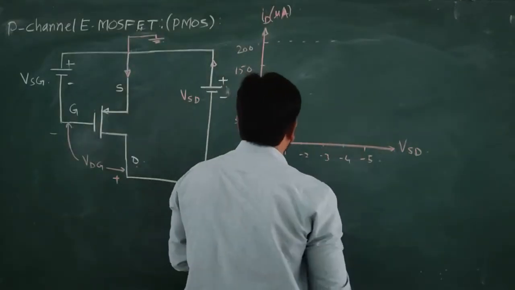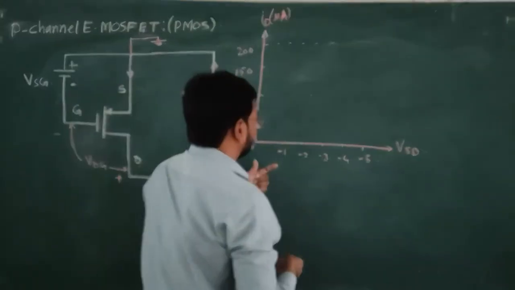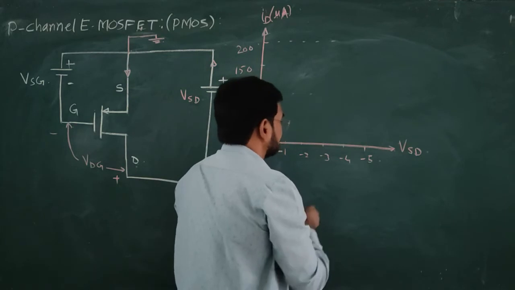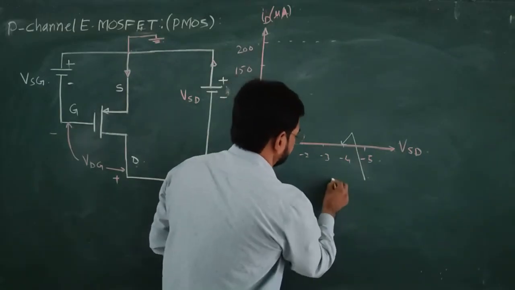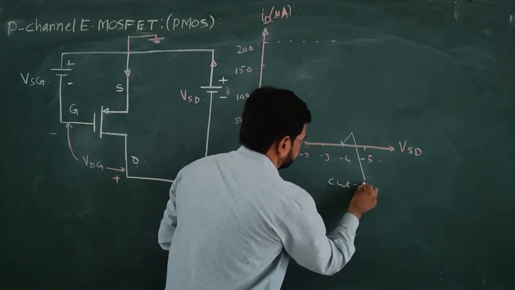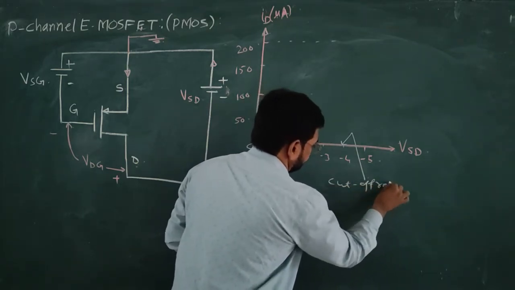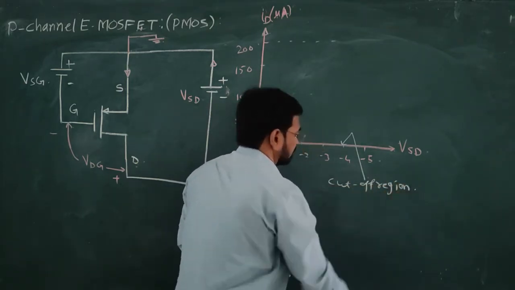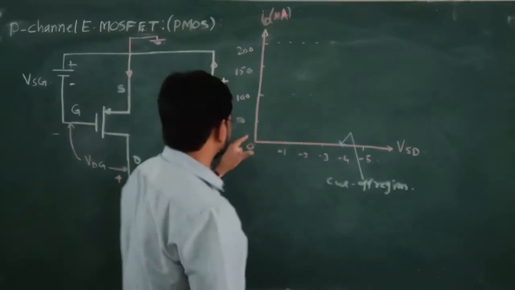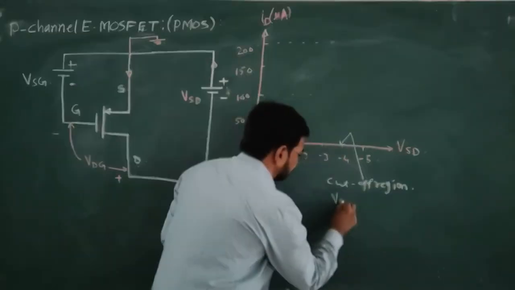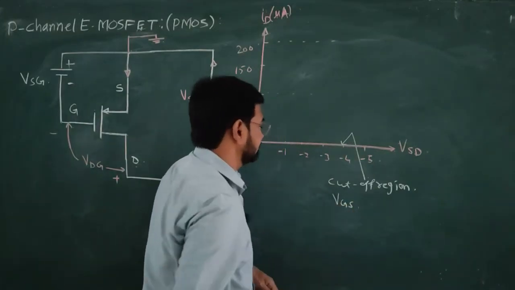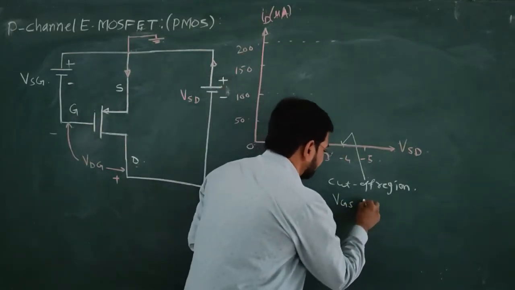Now, see, what is the cutoff region? What is the condition for that? So, cutoff region: VGS is less than VTP.